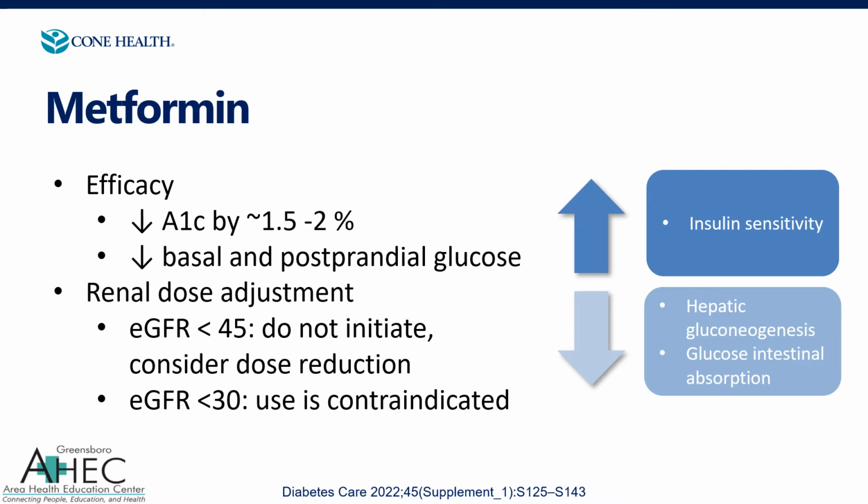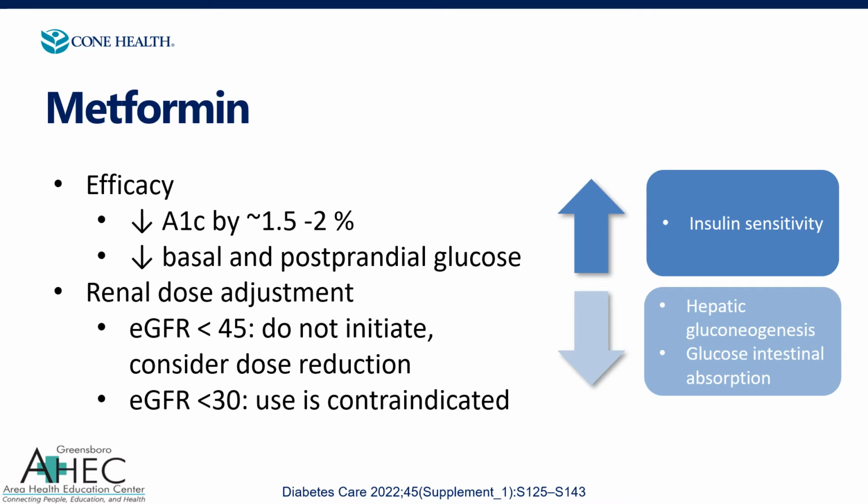As we go through these, you'll see that that's pretty good compared to some other medication options, especially if you have a patient with an A1C in the higher ranges of 8, 9, they're likely going to need something in combination rather than one agent. So this is a really good option to help get them closer to goal. It also helps to decrease the basal and postprandial glucose levels.